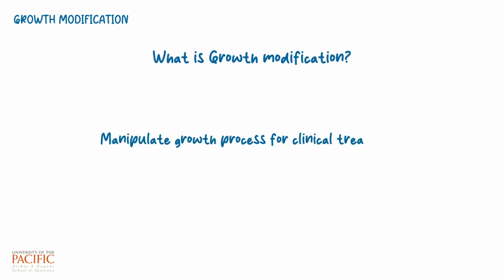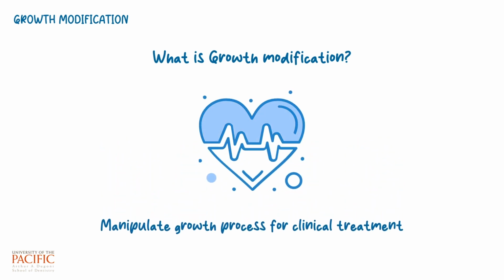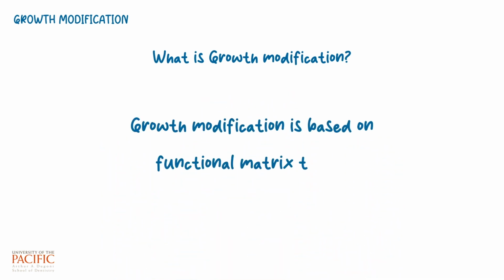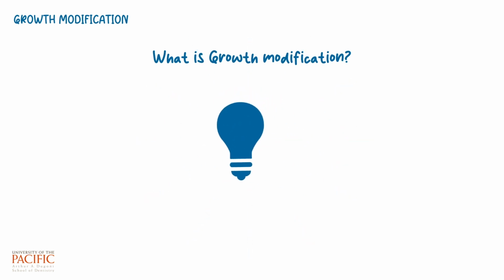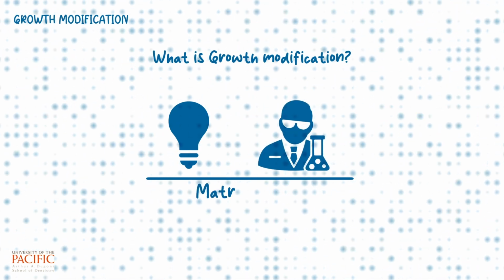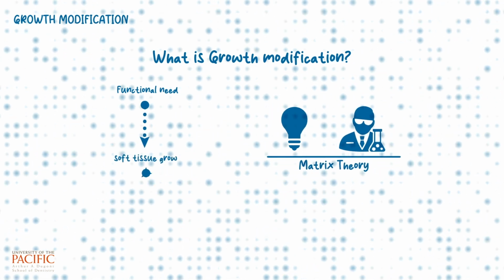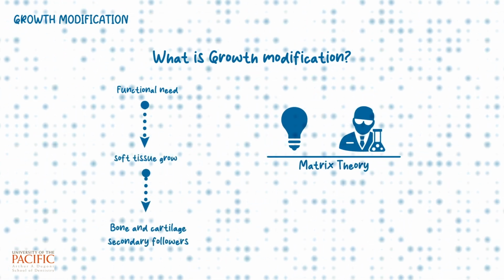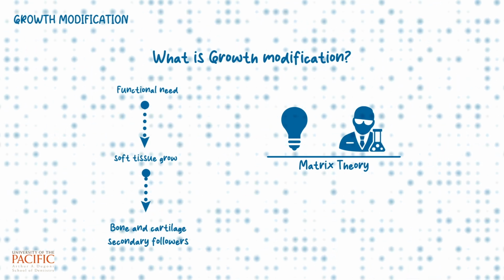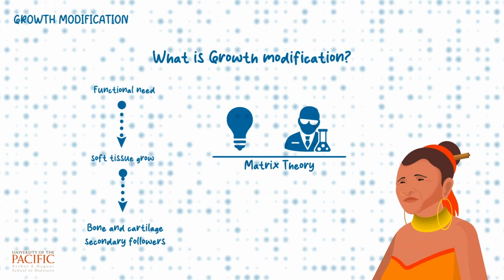Growth modification involves manipulating natural growth processes for a clinical treatment. One of the key theories in growth modification is the functional matrix theory, proposed by Moss. According to Moss's theory, the growth of the cranium and face occurs as a response to functional needs and is mediated by the soft tissue adjacent to skeletal units.